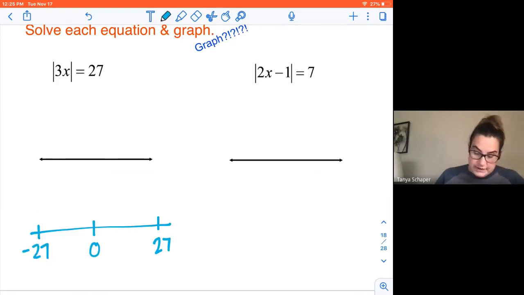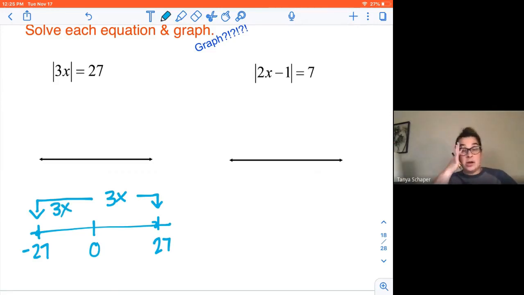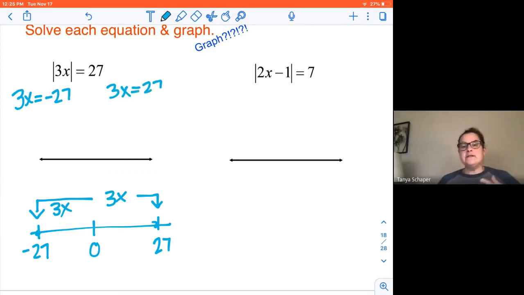So what we're saying is that 3 times a number needs to get me to 27, and 3 times a number needs to get me to -27. And so when I'm looking at this, the two equations I need to set up are 3x is equal to -27 and 3x is equal to +27, because I'm on both sides of 0.